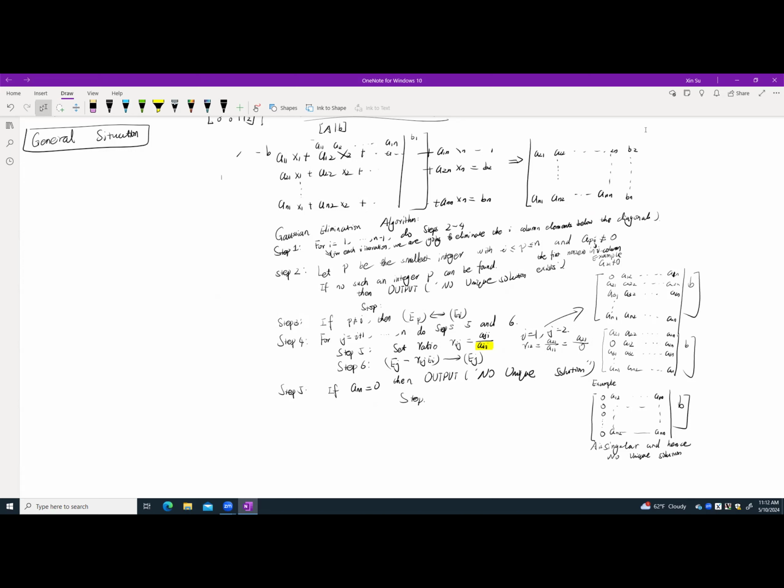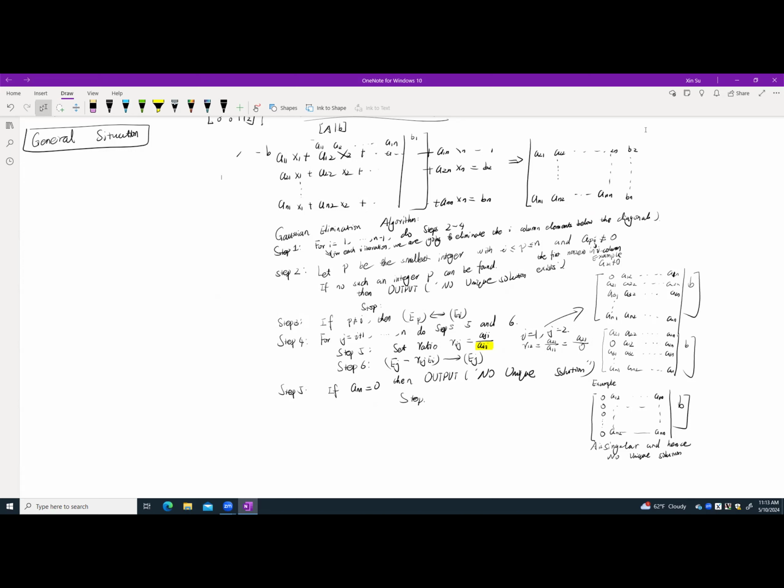If this is the index for iteration i, how many multiplications should we do for step 6? We need n minus i plus 1.